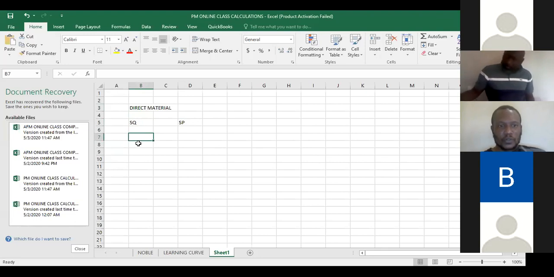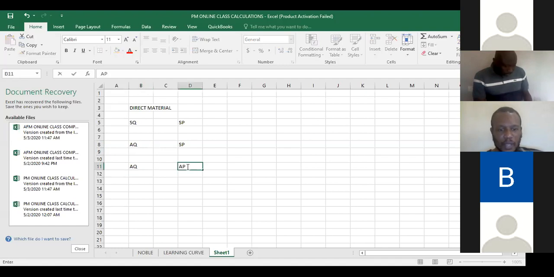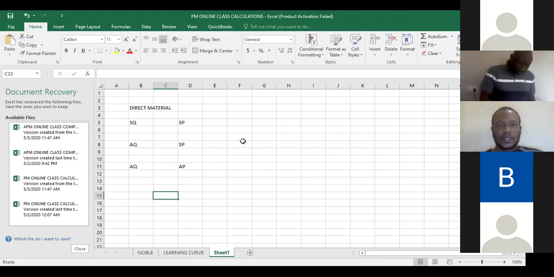So I'll leave space, actual quantity, standard price, and then actual quantity, actual price. So top minus bottom will give me a figure that I will make bold. And then I can do all the other ones the way I want them.